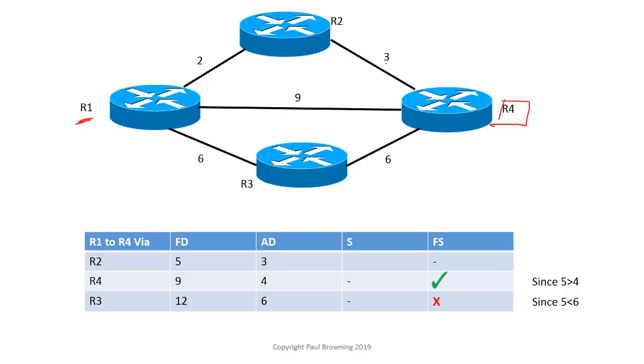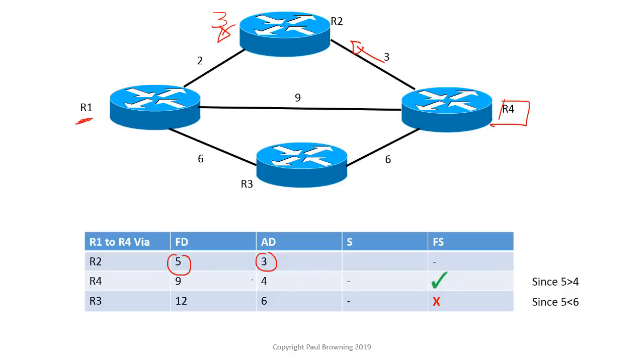Router 4 is advertising 3 to router 2. And obviously the link between router 2 and router 1, the cost is 2. So it would have put 5 as the feasible distance, and the advertised distance it's receiving from router 2 is coming between 2 and 4, which is your 3.